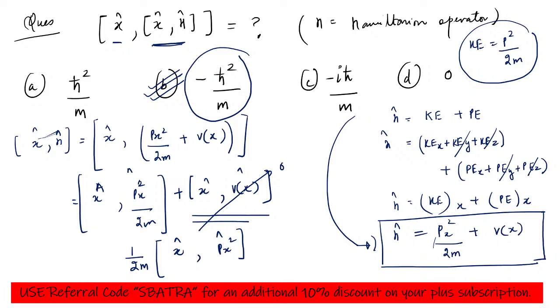Is it clear? Okay. What about others? Is this part clear to all of you, that how we got B as the correct answer, minus h cut square by m?